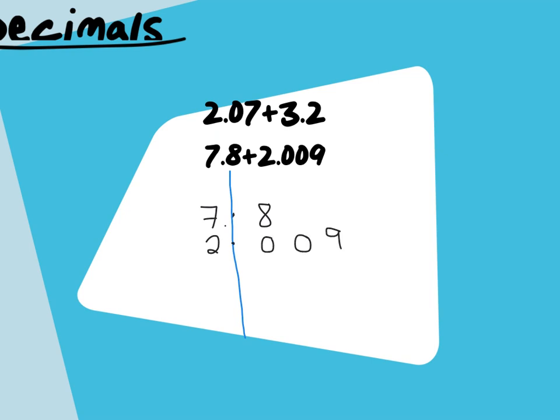Now be really careful. You've got to put some zeros there to make sure each of the columns has a value. Now we're going to add them up. 0 plus 9, 9, 0 plus 0, 8 plus 0, we've got to put our decimal point in there, and 7 plus 2 is 9.809.